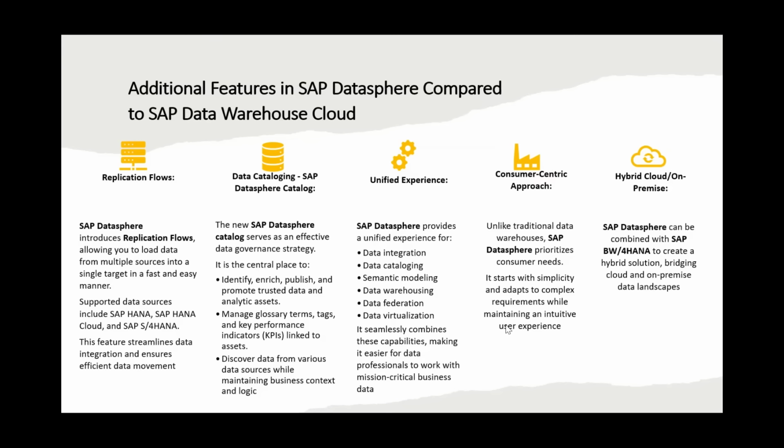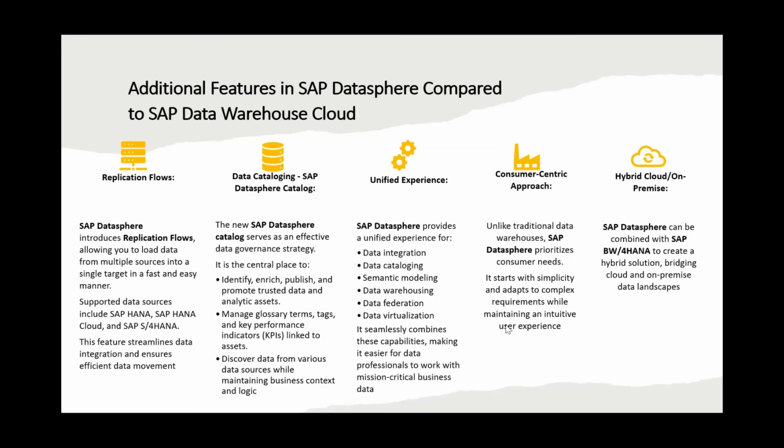Then we have a hybrid cloud or on-premise. So SAP Datasphere can be combined with SAP BW for HANA to create a hybrid solution, bridging cloud and on-premise data landscape. So these are the possibilities how you can leverage your existing BW, or maybe you can just simply migrate your product completely on Datasphere, if you don't have much dependency on BW for HANA, you have just started using BW for HANA.